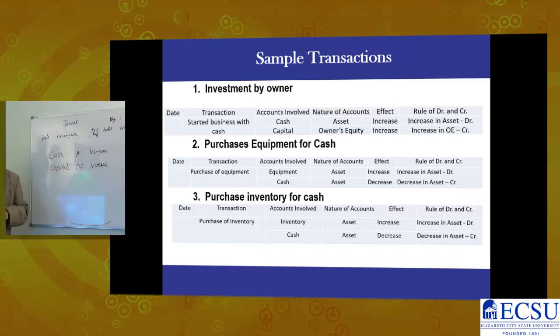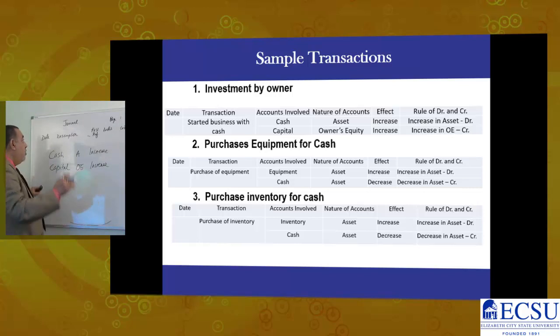Sometimes people get confused with that. There was no capital at all. It's a new business. So supposing the owner brings $10,000 as capital, cash will increase by 10,000 and capital also will increase by 10,000. That is what you have to understand about it.